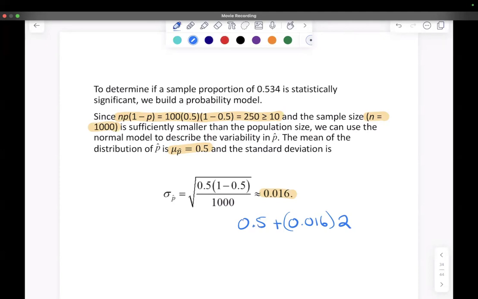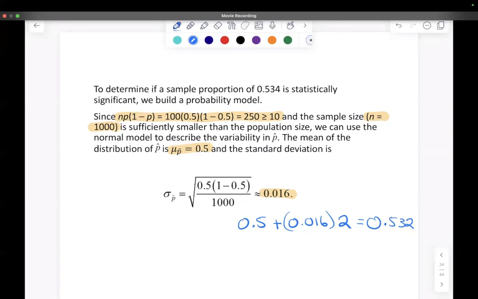So clear, 0.5 plus 2 times 0.016. So this puts us at 0.532. So 0.534 is beyond 0.532. Therefore, it is statistically significant.